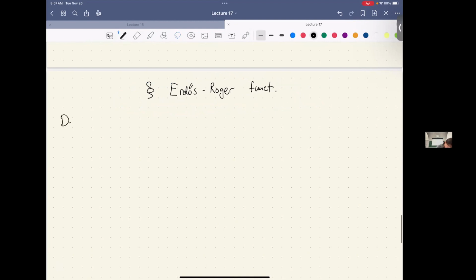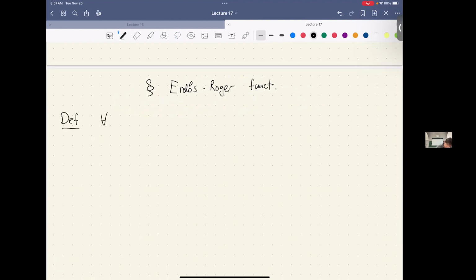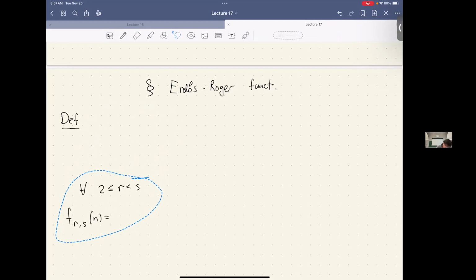What is the Erdős-Rogers function? Definition: let's just directly give you the definition, and then we're going to explain. For integers r and s, where r is the smaller one, r at least 2, we define the Erdős-Rogers function f_{r,s}(n) to be, okay, maybe let me first define this.